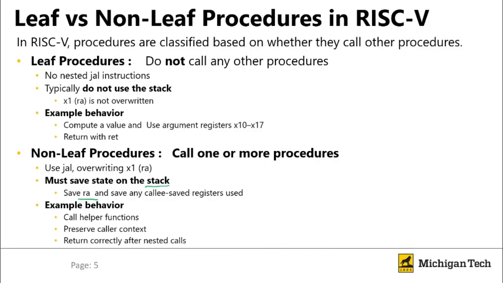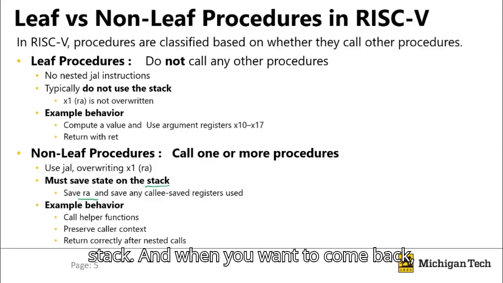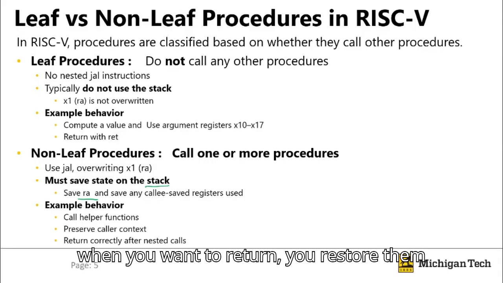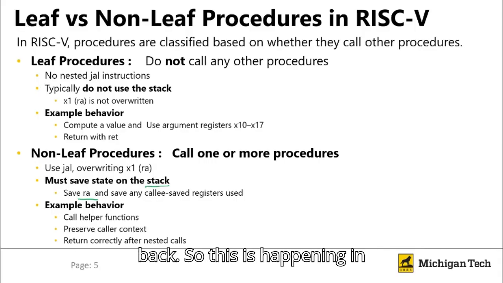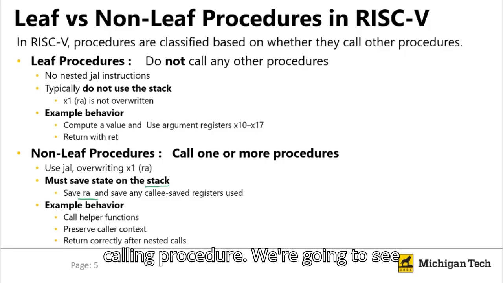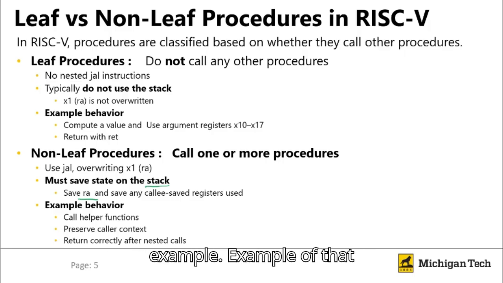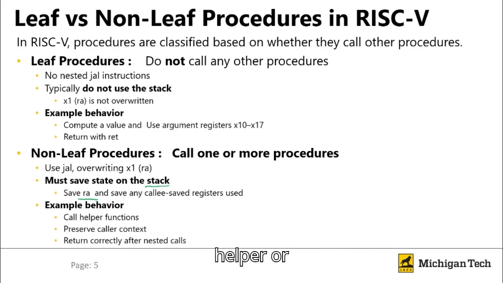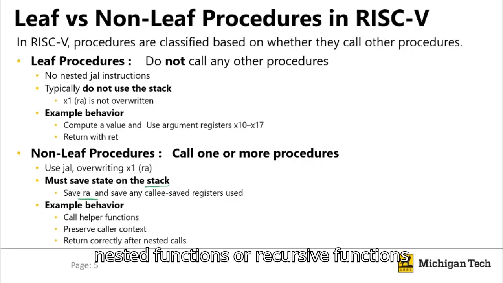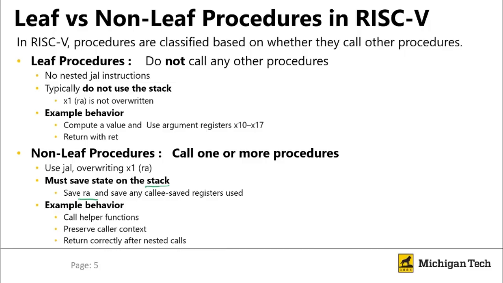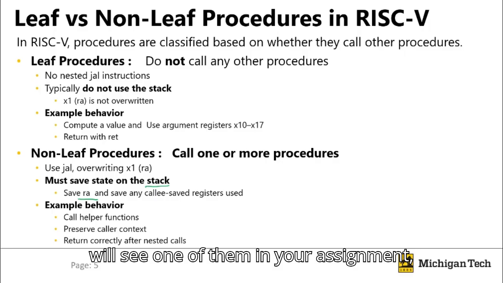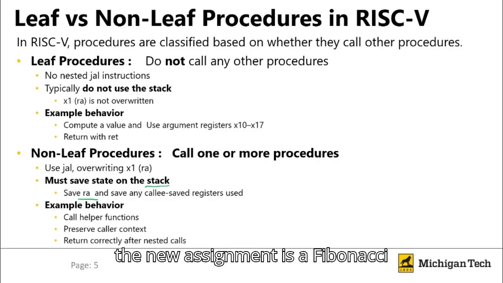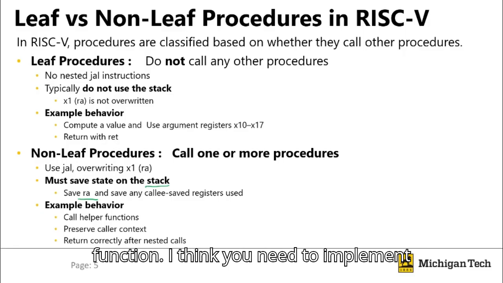You store them in a stack, and when you want to return, you restore them back. So this is happening in calling a procedure. We're going to see an example. An example of that can be a function that has some helper, or nested functions or recursive functions. You will see one of them in your assignment. The new assignment is a Fibonacci function. I think you need to implement it.